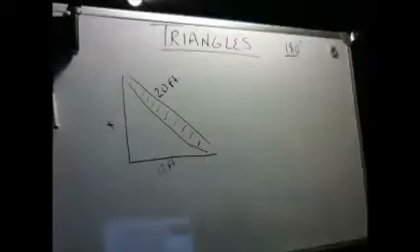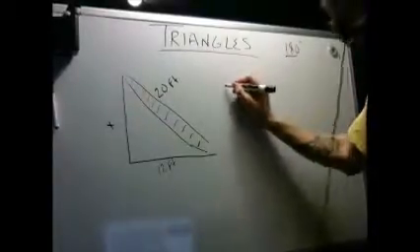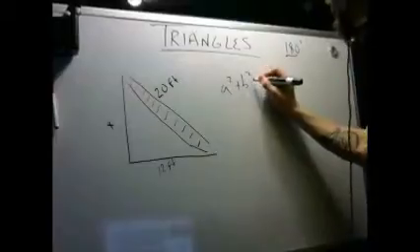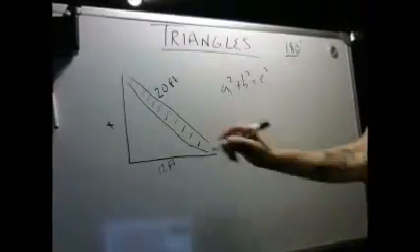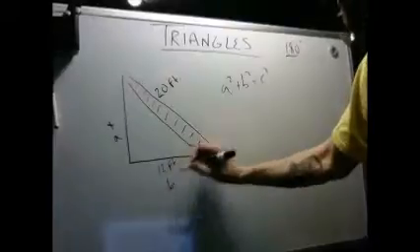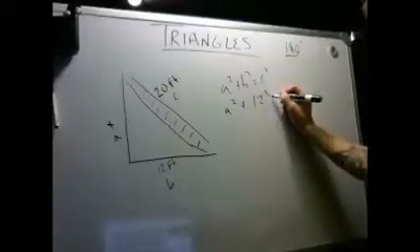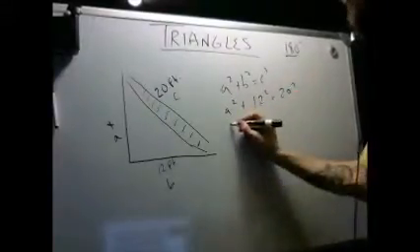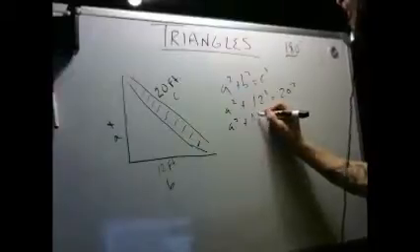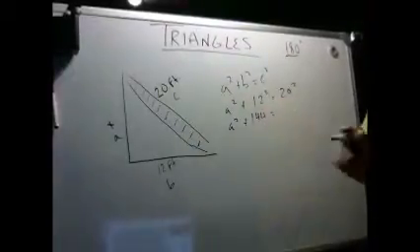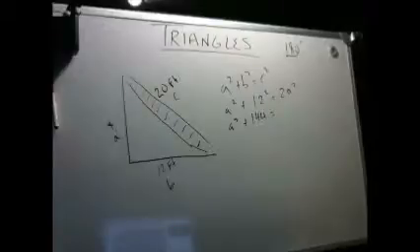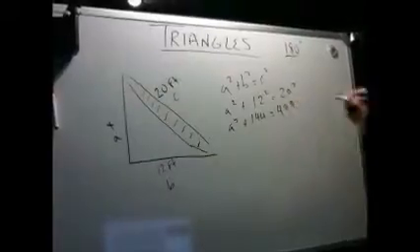Now looking at it like that, it becomes a pretty simple right angle geometry problem. And we can apply the Pythagorean theorem. A squared plus b squared equals c squared. Recognize that this is our A, this is our B, and this is our C. A squared plus 12 squared equals 20 squared. A squared plus 144 equals 400.